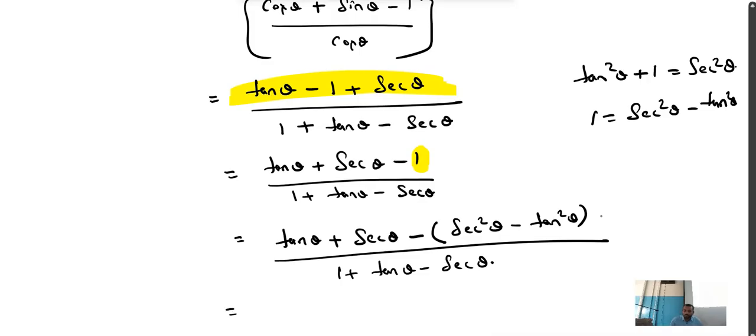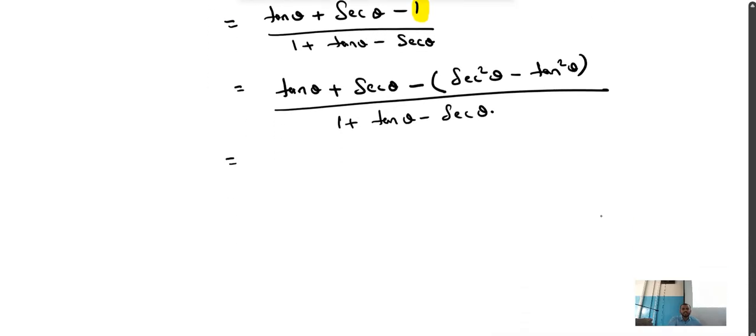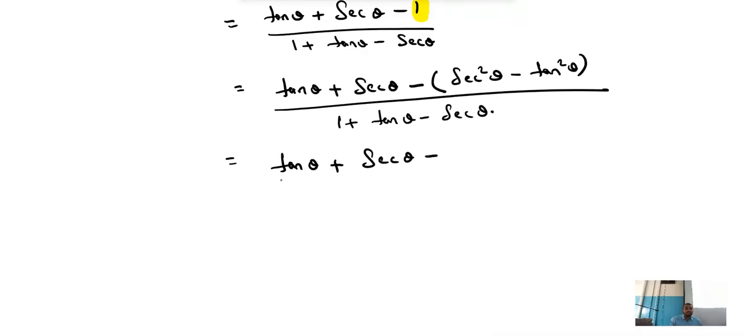Now observe here. Very interesting problem, very easy. If you get a problem like this, you are one of the luckiest students. Tan theta plus secant theta minus, keep it as it is. Here brackets are very important. Open the bracket. It is in the form of a square minus b square. So shall we write it as a plus b inside the bracket?